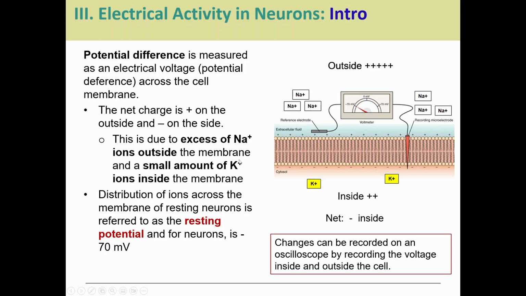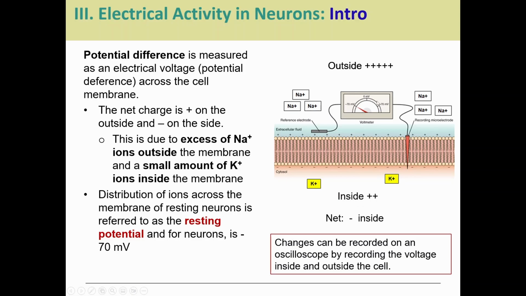Notice potassium still has a positive charge, but the relative abundance is different. In the picture, only 2 potassiums are shown and 6 sodiums. So there are more positively charged ions outside of the cell compared to inside, and because of that, the net charge is more negative inside because we have fewer positive particles.